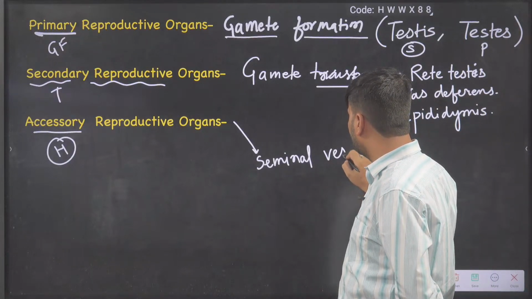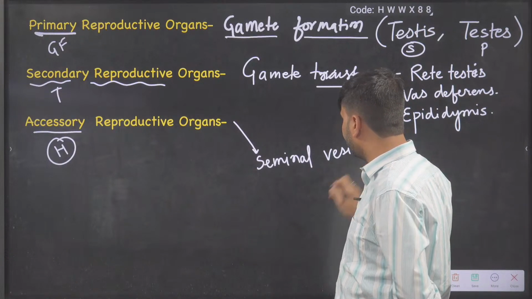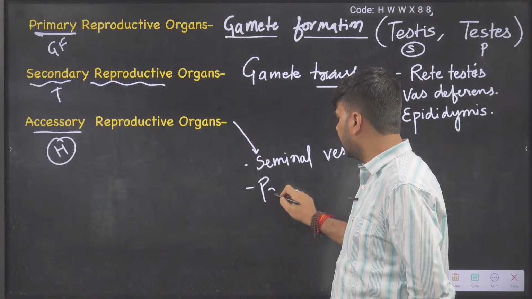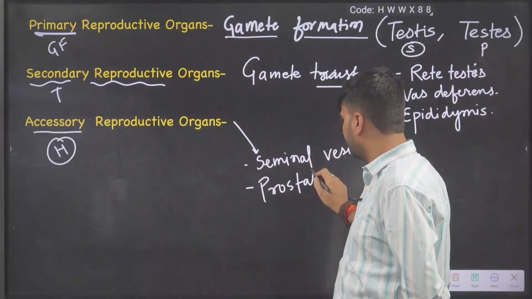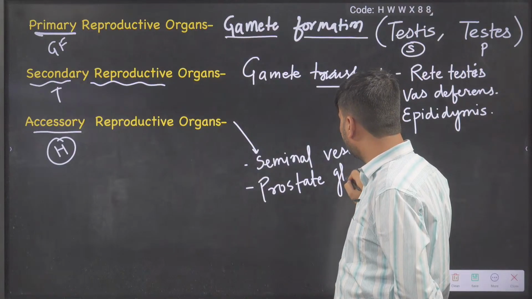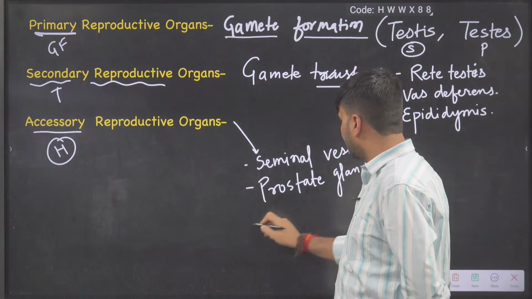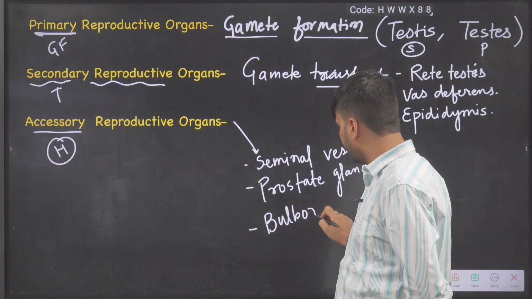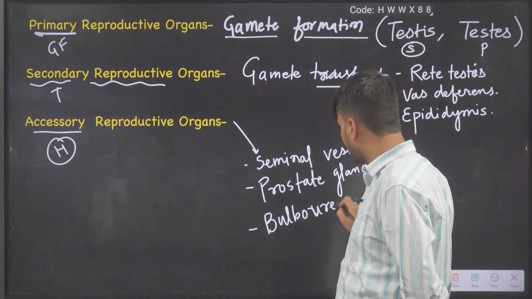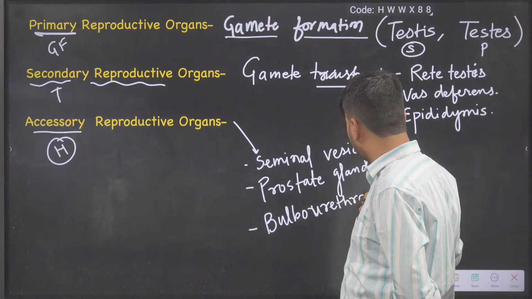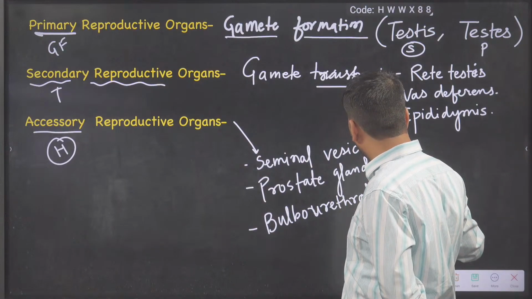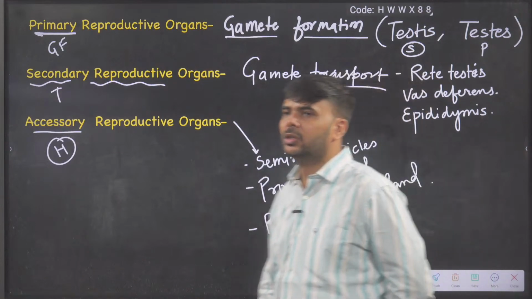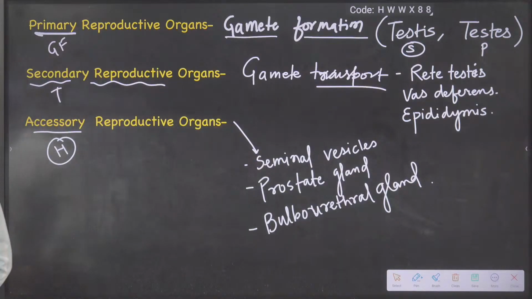Seminal vesicles. Okay, prostate gland. Bulbourethral gland. Note it down, or you can take a screenshot.